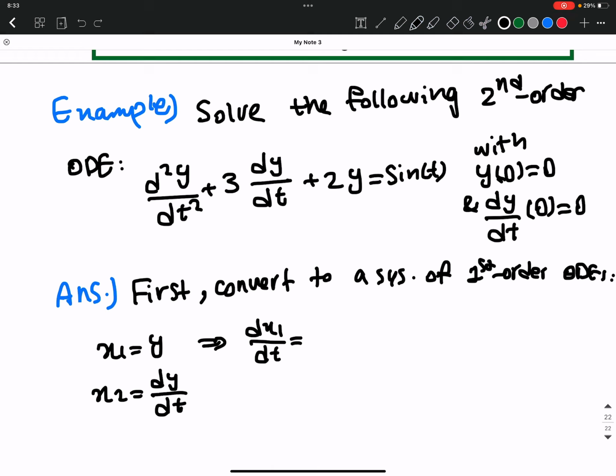Let me just write it. It's going to be dy/dt, which is basically x2.